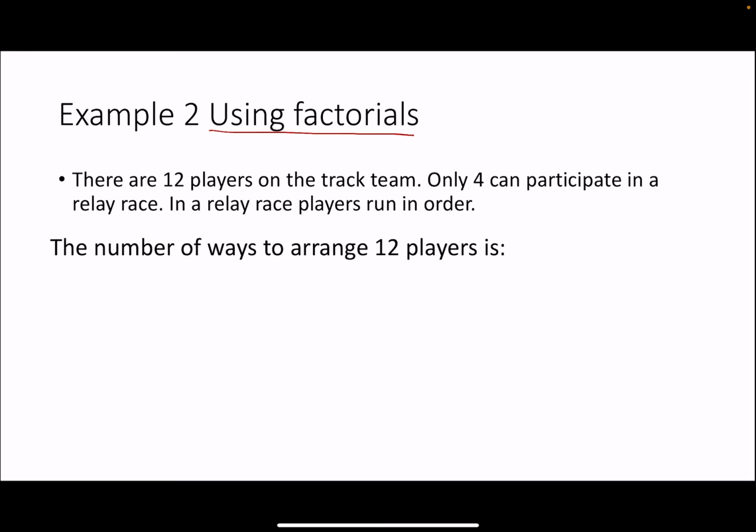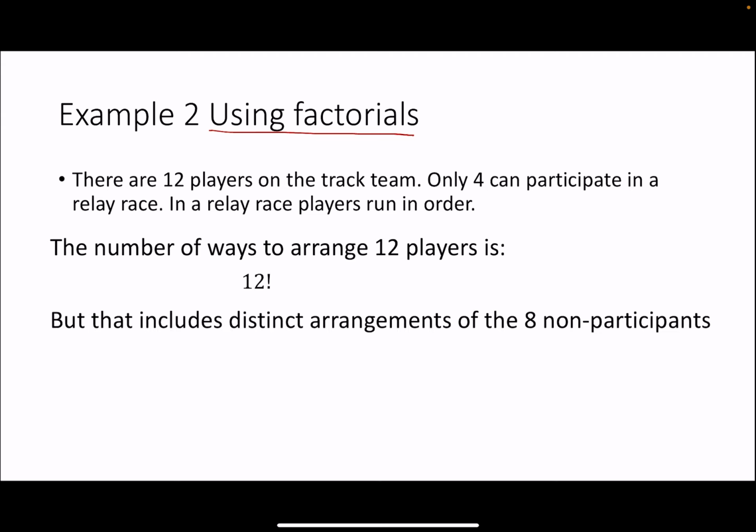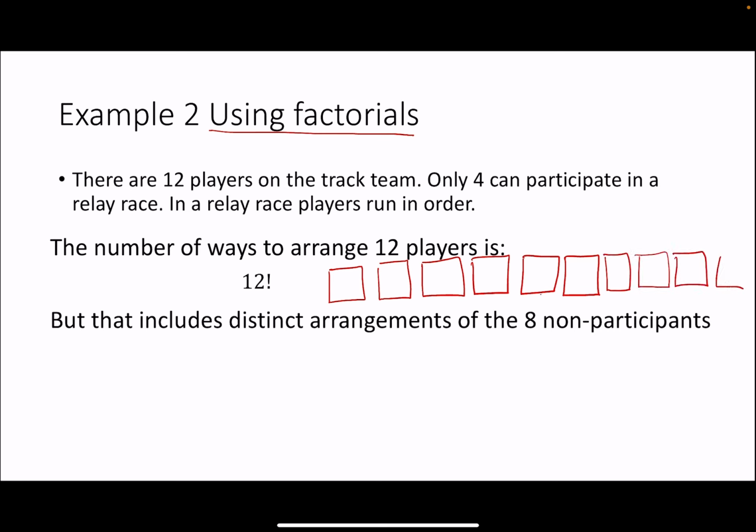Okay, the number of ways to arrange 12 players is 12 factorial. So imagine we had 12 spaces, but that includes distinct arrangements of 8 non-participants. So take a look at this. 1, 2, 3, 4, 5, 6, 7, 8, 9, 10, 11, 12.